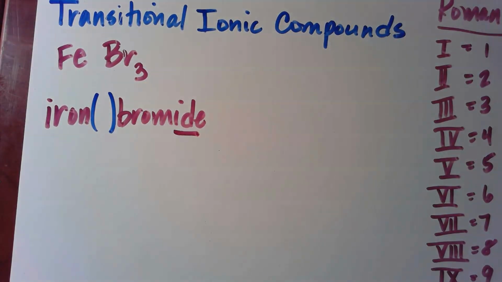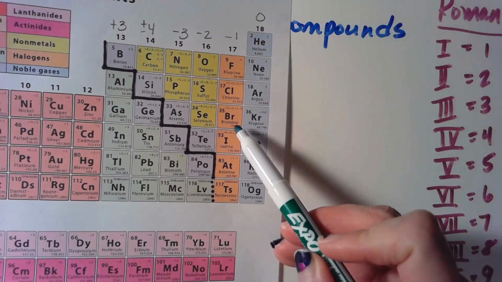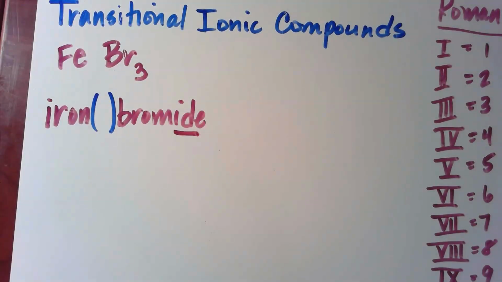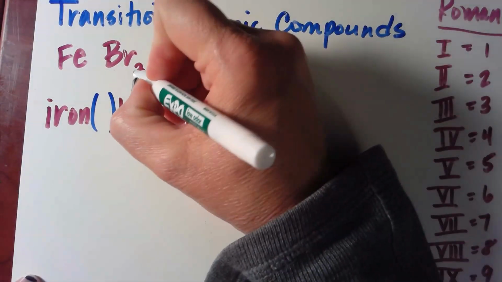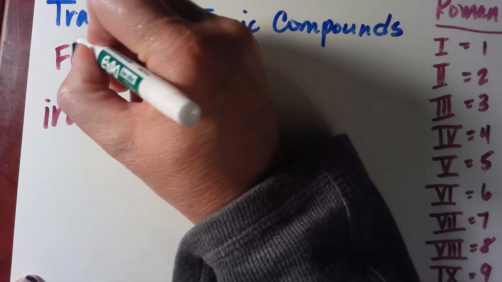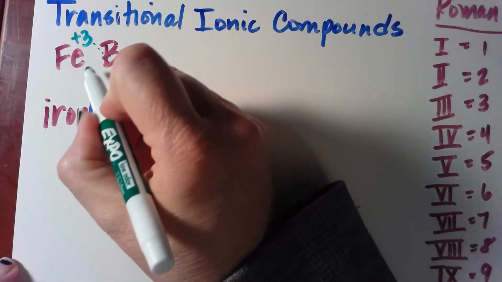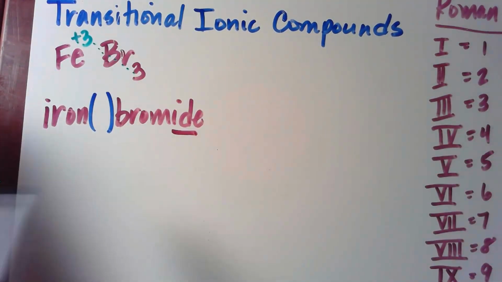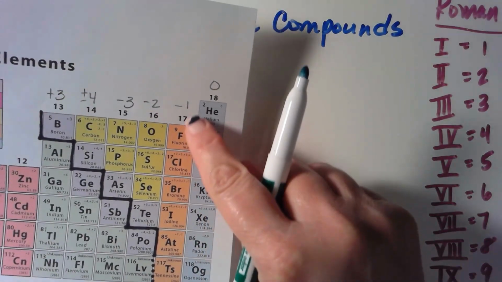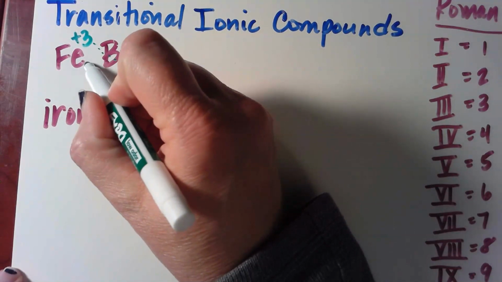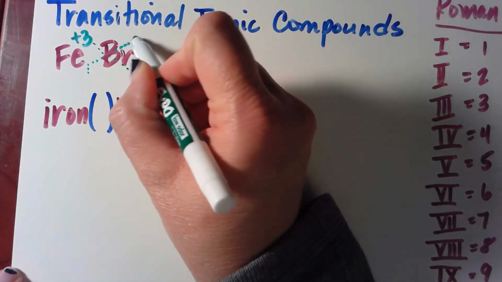There's no little 3 on bromine on our periodic table. It doesn't say Br3. It just says Br. So that 3 is an indication that it came from Fe's charge. And then we already know that Br is a -1. We'll always know the charge of the nonmetal. Always. So Fe is our understood 1.